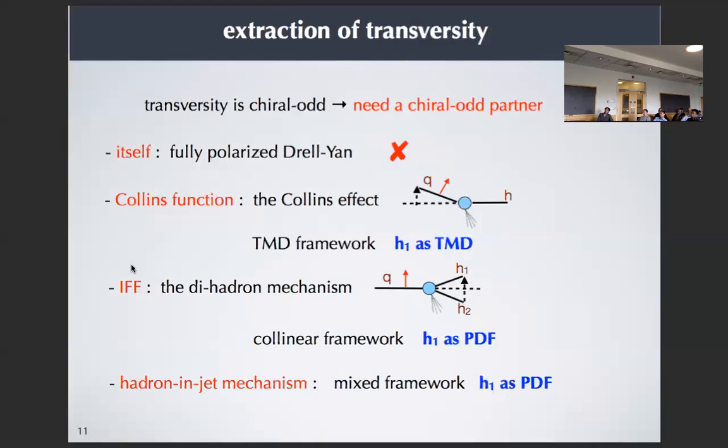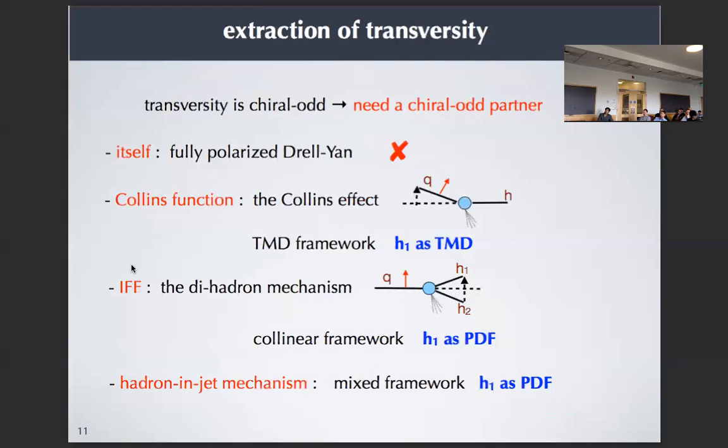Alternatively, you can consider the fragmentation of the transversely polarized quark directly into a pair of hadrons, so this is called the di-hadron mechanism. Here, the chiral partner is called IFF, interference fragmentation function. And we work in a collinear framework. And now the transversity here is extracted as a PDF.